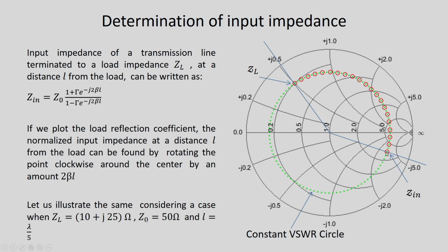So, you can now read out the impedance at this point. You can see that it is closer to a circle which will be around r equal to 3 and j approximately, and in the actual Smith chart you can read out the value. In that way you can find out the normalized input impedance and then you multiply it by Z naught, that is 50 ohm, and then you get the actual impedance seen at this point.